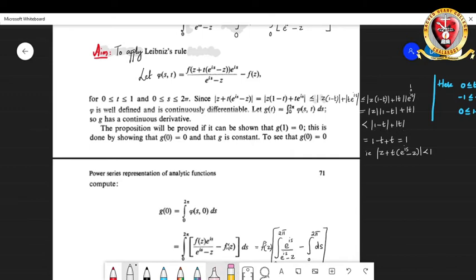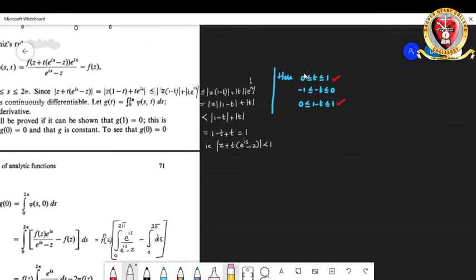So here you have an observation to make. We know that 0 ≤ t ≤ 1. So from that you can infer that 0 ≤ 1 − t ≤ 1. So definitely the modulus of 1 − t will always be positive, because it happens to be inside 0 and 1. So this modulus sign can be taken out, and that is equal to 1 − t.